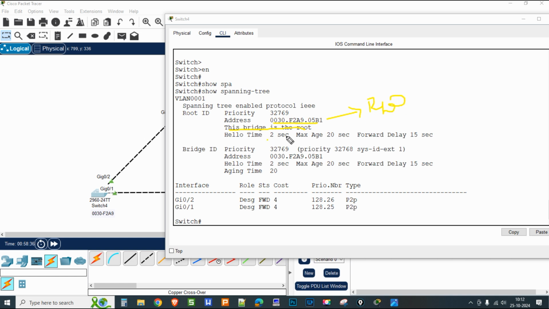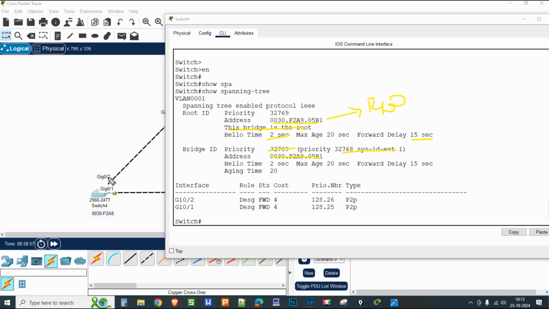I already told you hello time, that is the BPDU packet. It sends packet information like priority value, MAC address, and extended system VLAN ID. These three pieces of information it sends every 2 seconds. Then it has a 50 seconds delay, and the maximum age limit is 20 seconds.